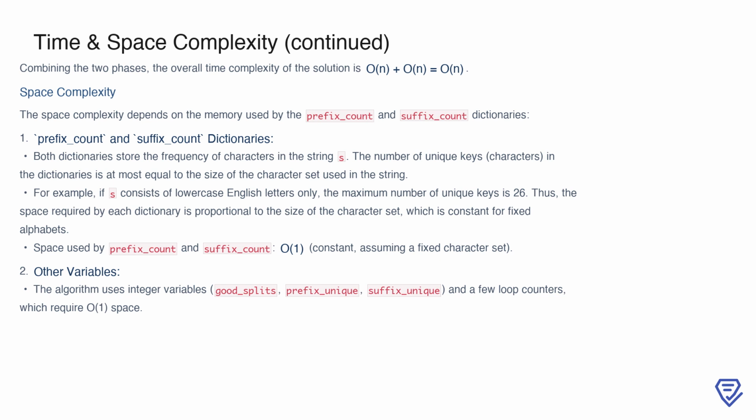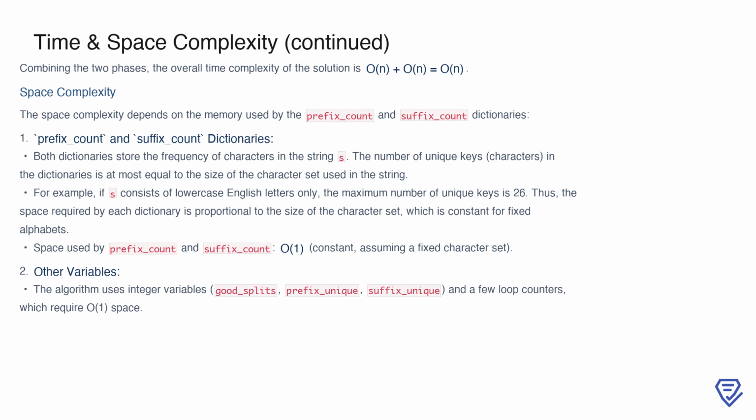Now, let's consider space complexity. The primary contributors to space usage are the prefix_count and suffix_count dictionaries. These dictionaries store character frequencies, and the number of keys corresponds to the number of unique characters in the string. For strings composed of fixed character sets, like lowercase English letters, the maximum number of unique keys is constant, 26 in this case.